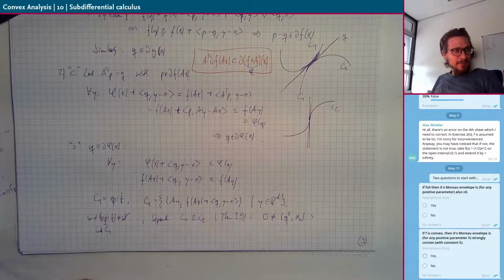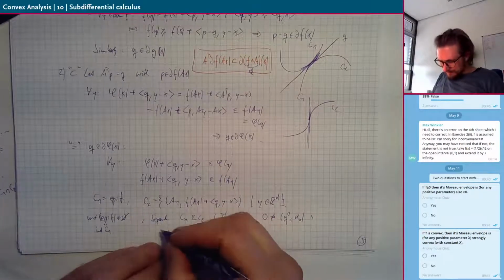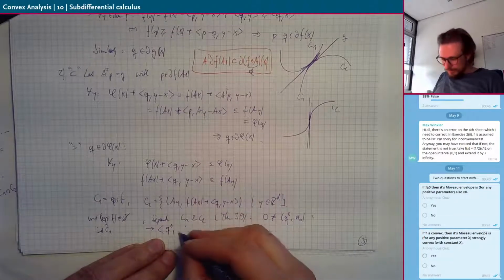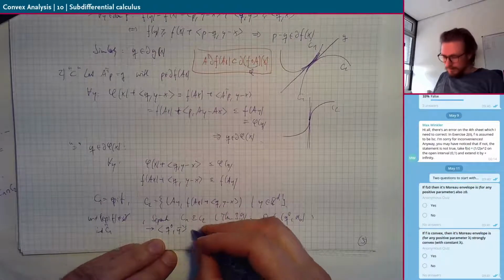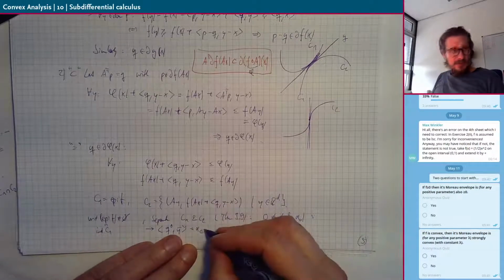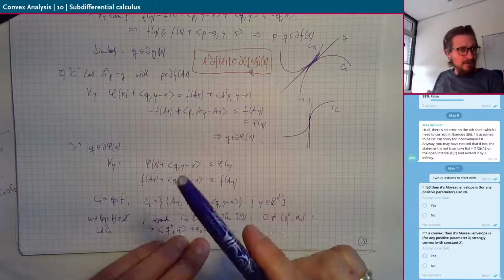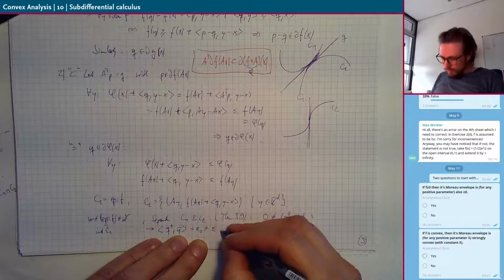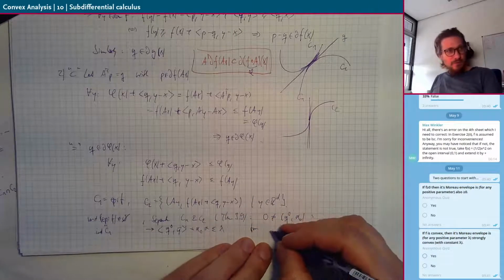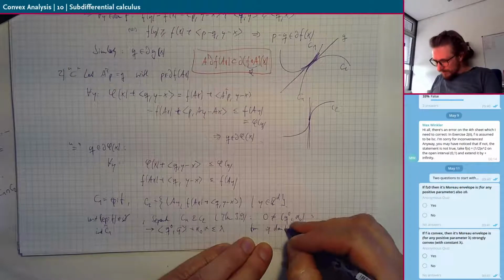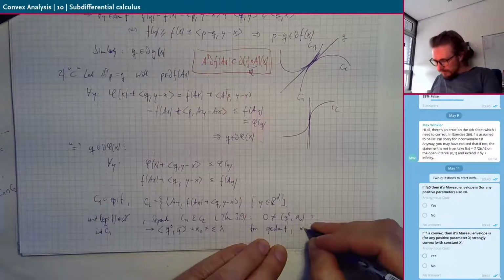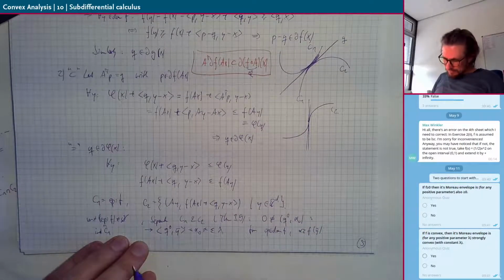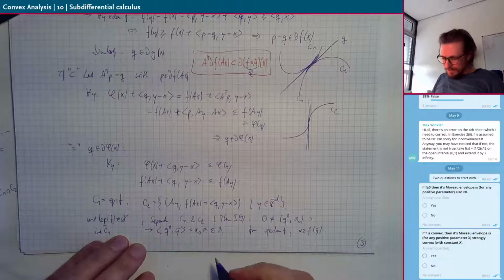And what does that mean? It means that q0 times y bar plus alpha 0 times alpha is smaller equal to lambda for y in the domain of f, and alpha larger equal to f of y bar. This is separation. So this lies on one side of the hyperplane, and the other on the other side.